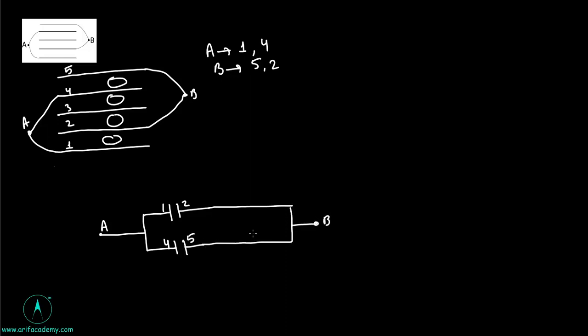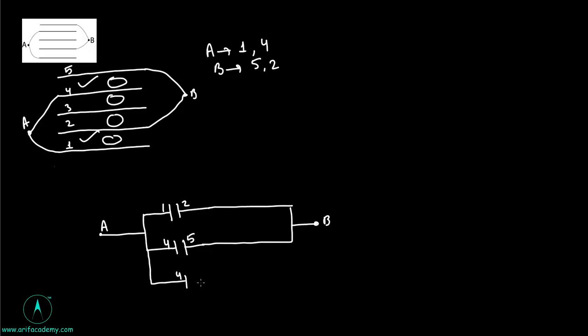This is B. So the 1, 2 capacitor is used, the 4, 5 capacitor is used, and between 2 and 4, I have to draw plate number 4.